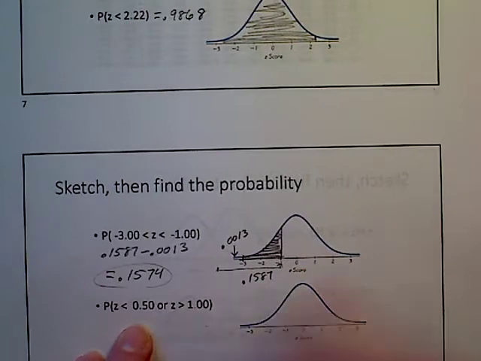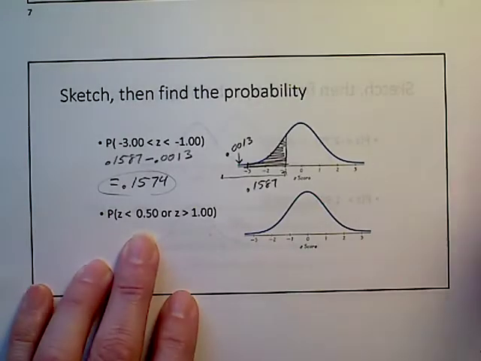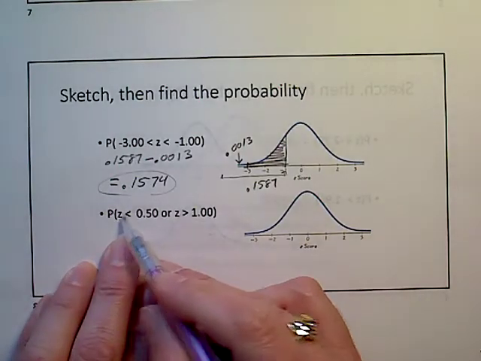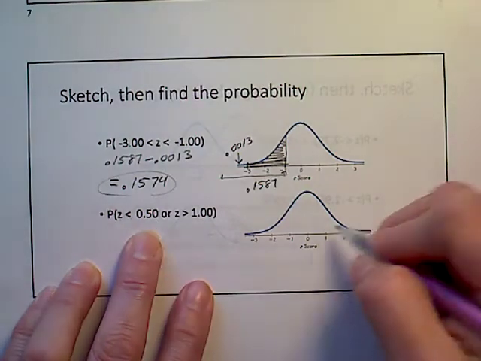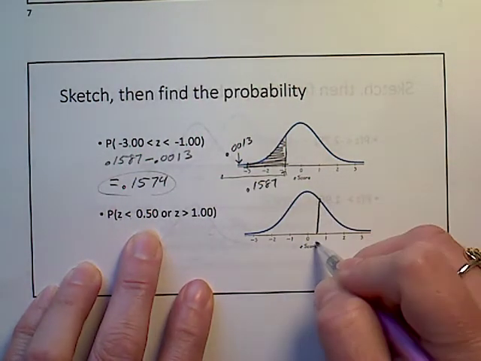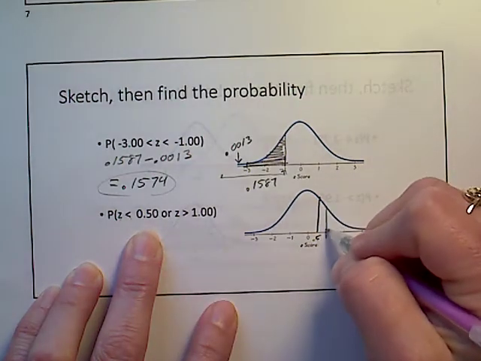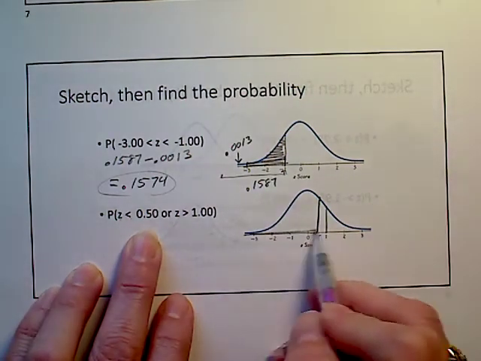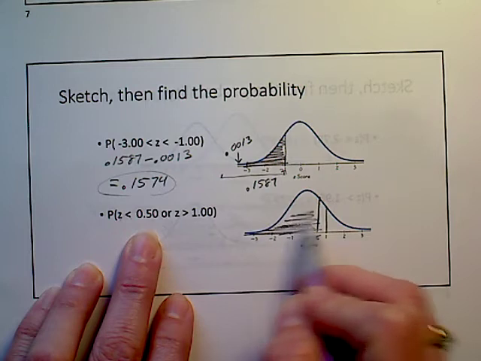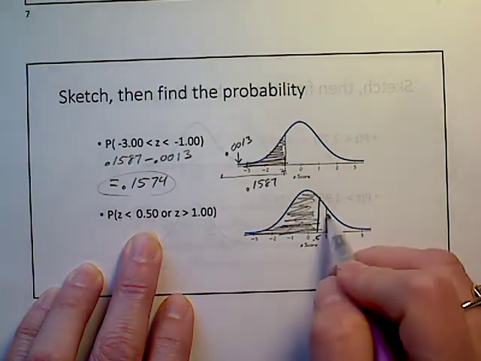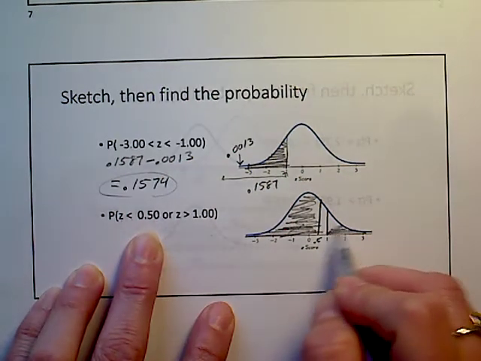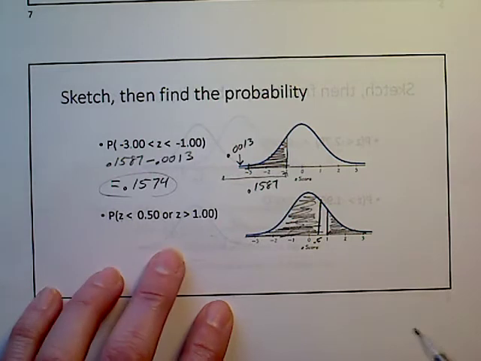Alright, let's try this one. Put on your thinking cap. Here goes. Z is less than 0.5, which is here, 0.5, and greater than 1, here. Less than 0.5 is this way. Greater than 1 is this way. Think about your table.